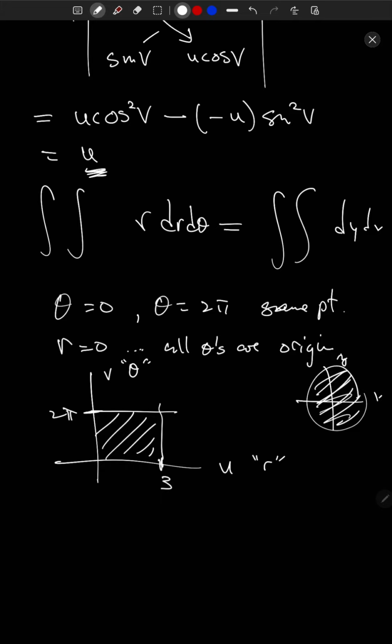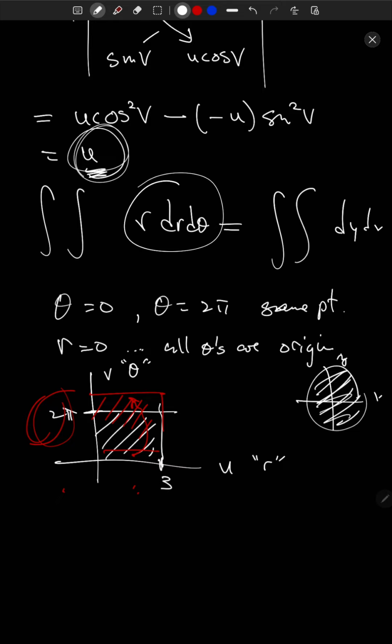If we integrated over something bigger, like here, we'd be in trouble, because this point here is repeating with that point there. So you definitely don't want to do that. And the same thing on the other side, in the second, third and fourth quadrants, things are repeating, so it's really dangerous. So be very aware of this. In any case, this is another way we can derive the r d theta.